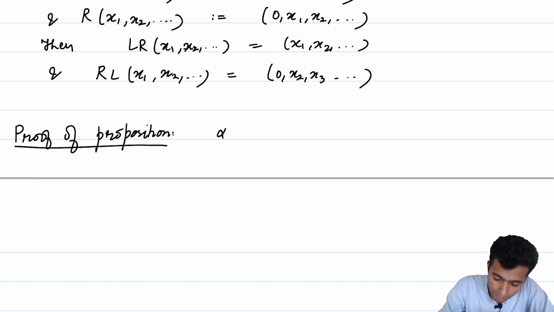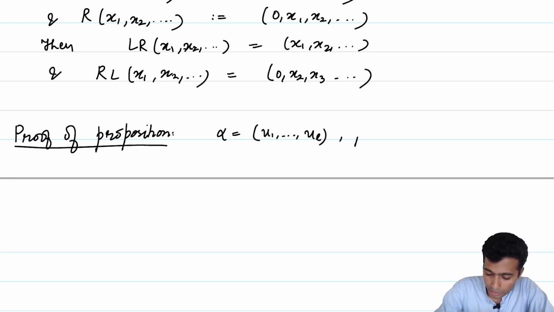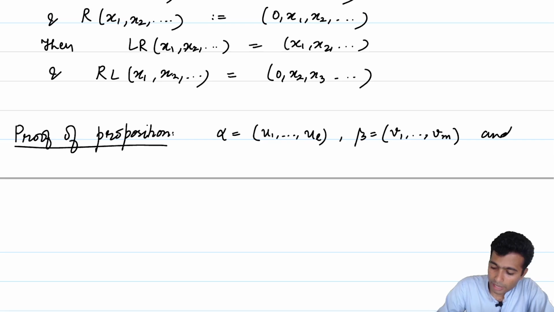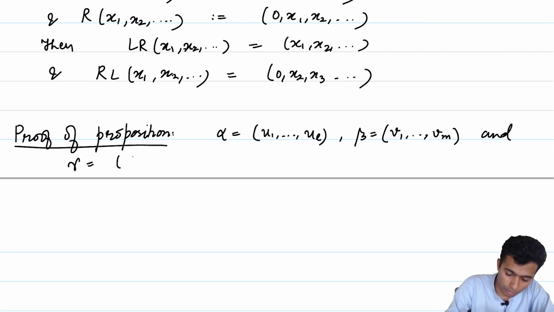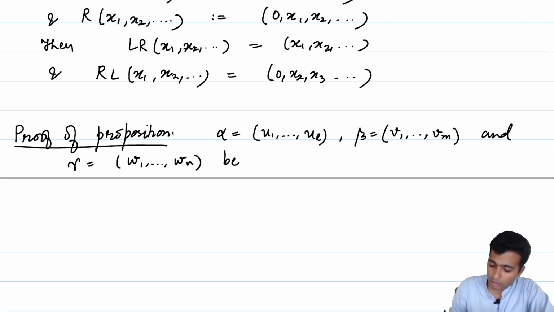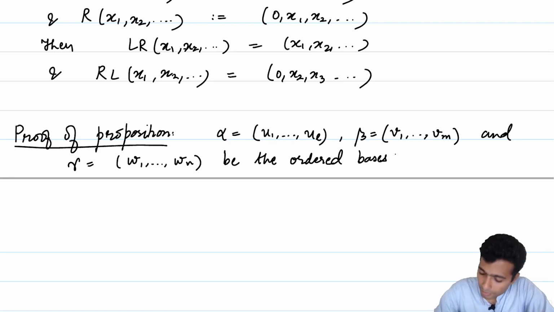So recall that alpha is equal to u1 up to ul, beta is equal to v1 to vm, and gamma is equal to w1 to wn, the ordered bases of U, V and W respectively.